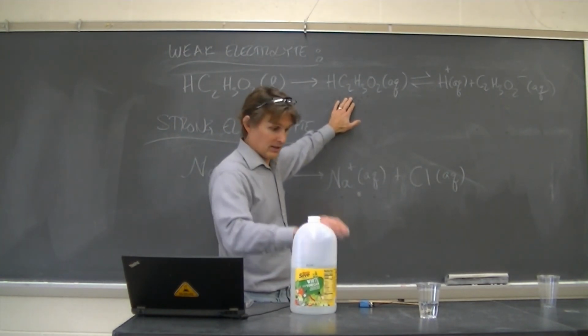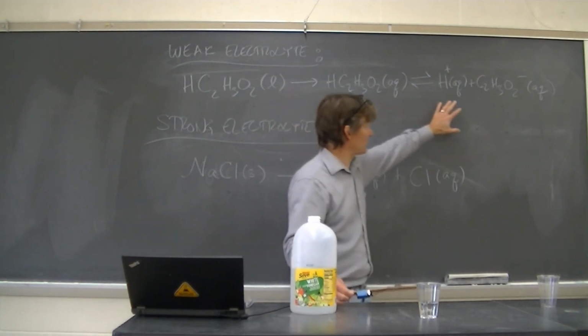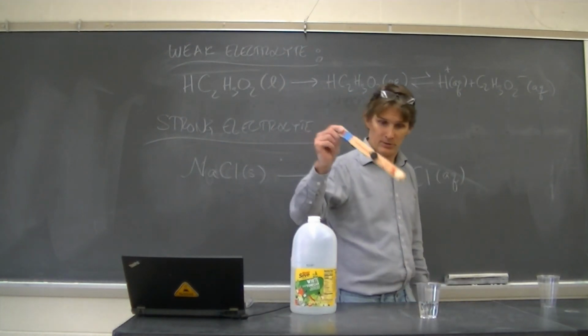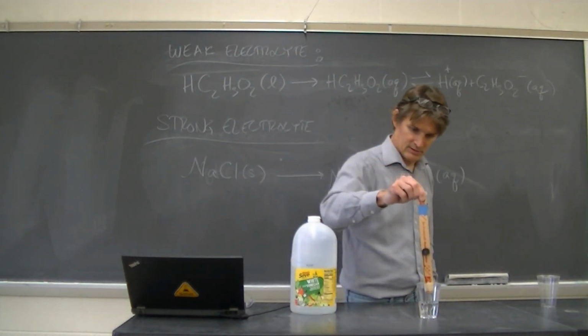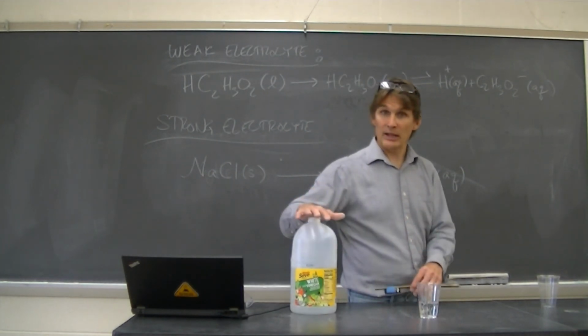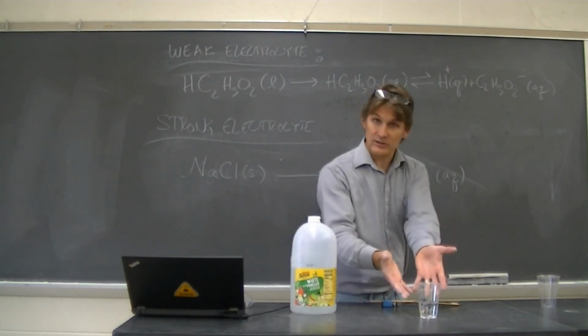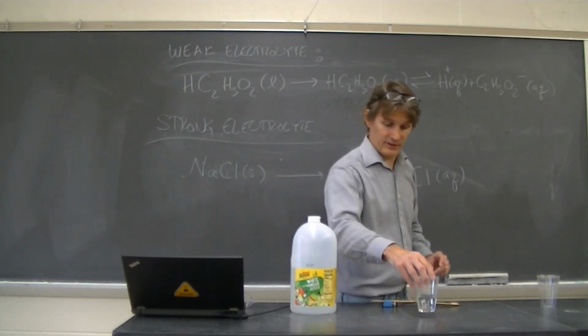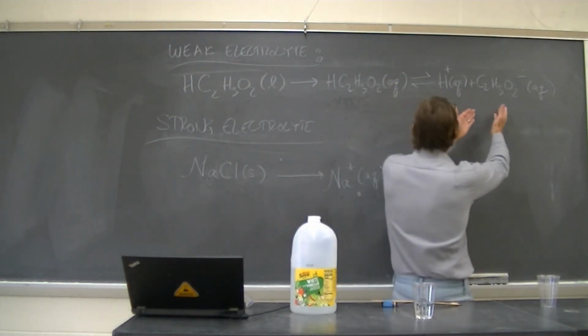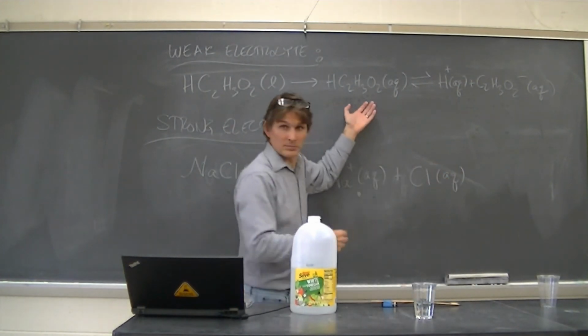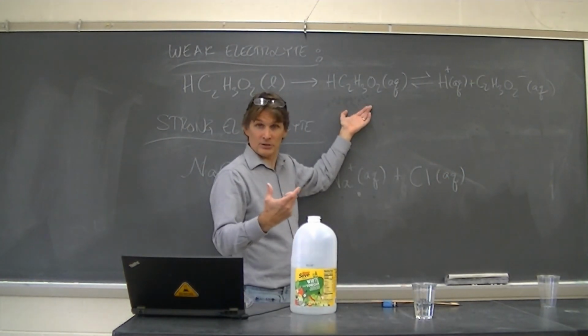Now some of this acetic acid dissociates and forms ions that should be able to conduct electricity. Sure enough. So vinegar is going to be a weak electrolyte because in this sample of vinegar we have some dissociated ions and we have some intact acetic acid molecules at the same time.